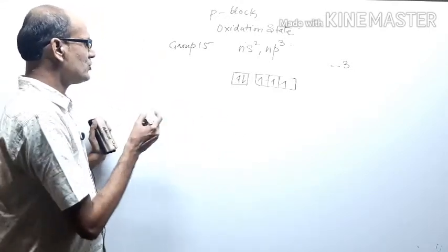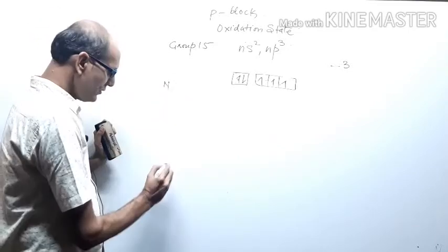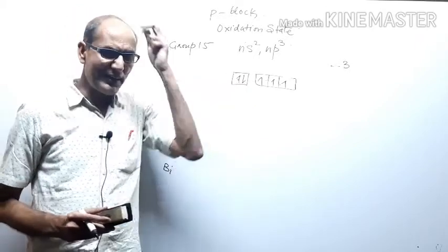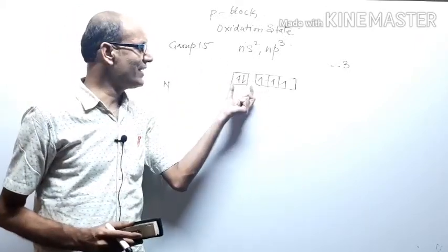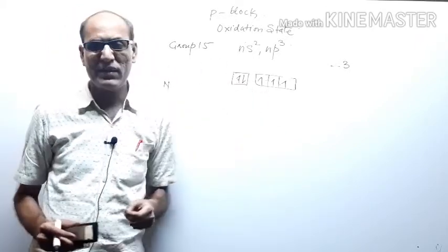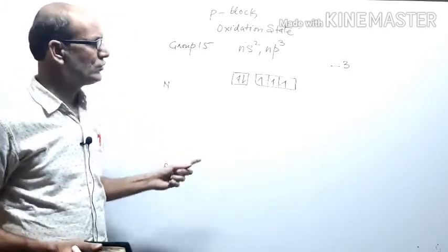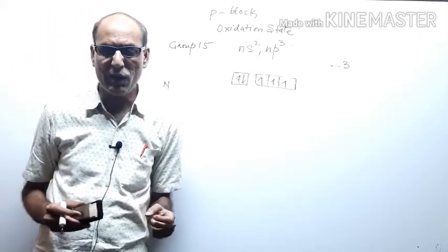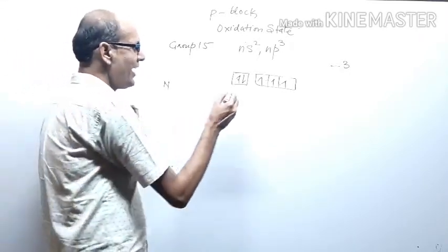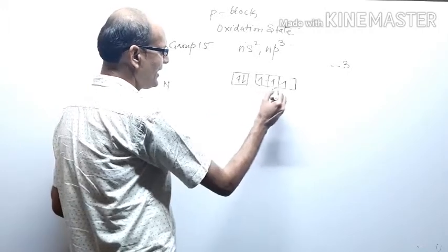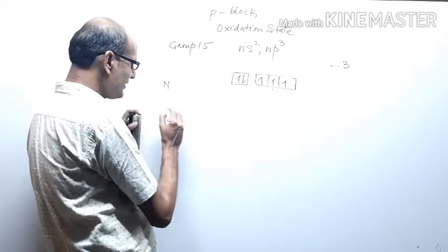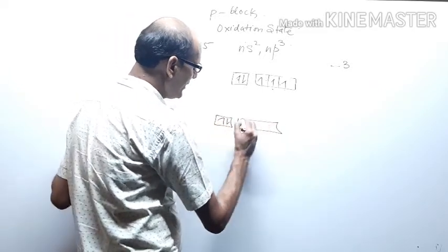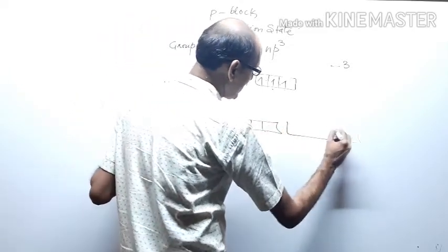On moving from top to bottom, nitrogen to bismuth, what we observe is that the size is larger and the ns2 electrons behave like an inert pair. Due to the inert pair, they are unable to show the 5 covalent bonds. Nitrogen has 3 unpaired electrons, while phosphorus also has 3 unpaired electrons. In phosphorus, we observe that a d subshell is also present.